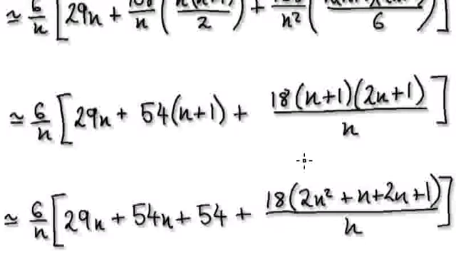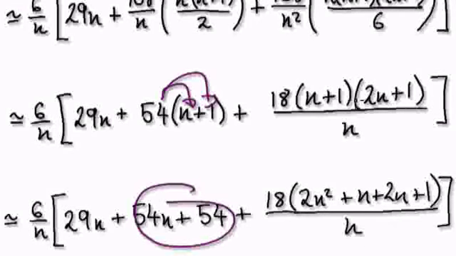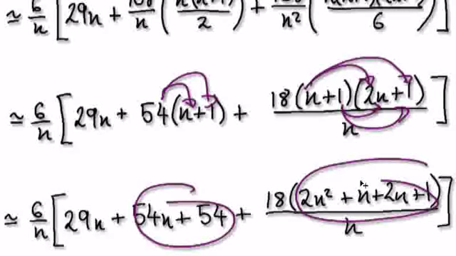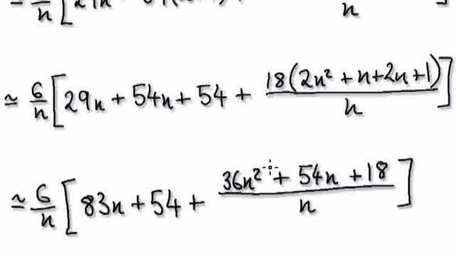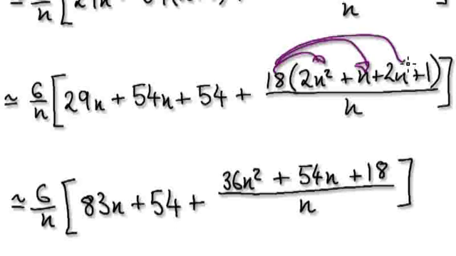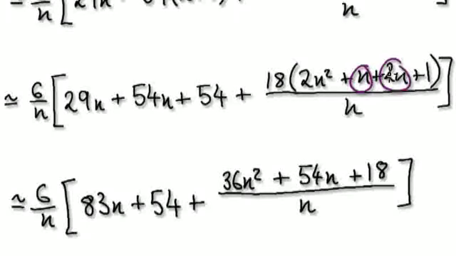Okay, and then this times this would then give you this, and then multiply this out. This times this times this times this times this would give you this. Okay, and then this times this times this, hang on, and then merge these two together.